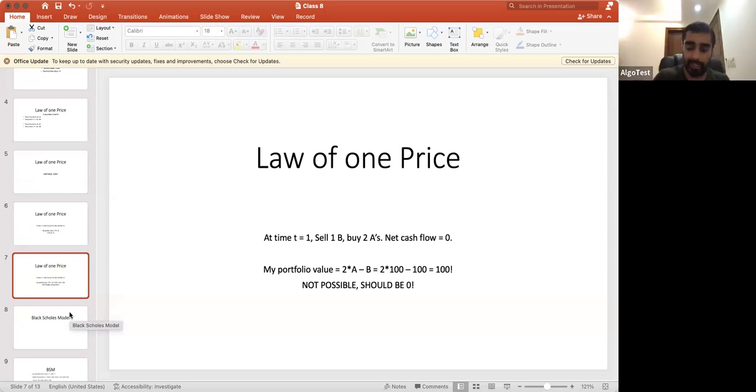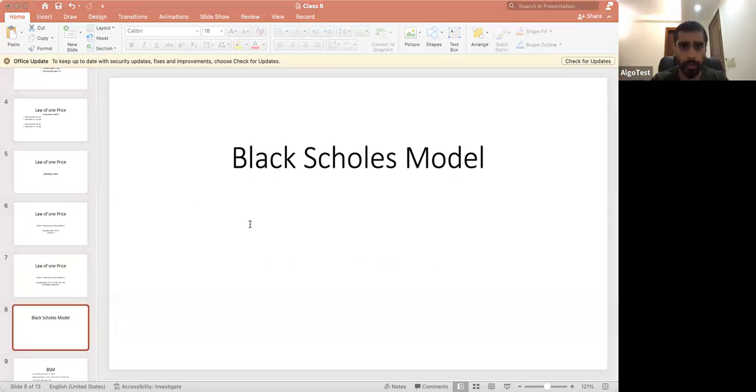It's based on the idea that there is just one price, law of one price. You cannot have arbitrage. If the cash flows in the future are the same of two different instruments or a combination of instruments, then today their price will have to be the same. So this is exactly what the Black-Scholes model is also based on.